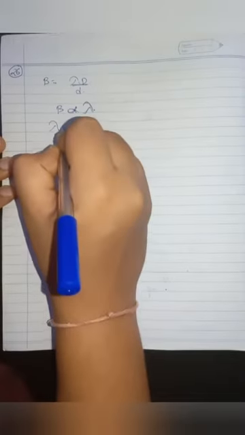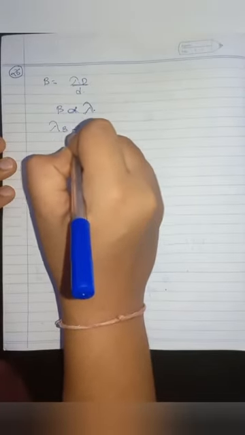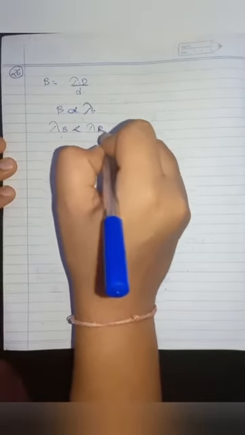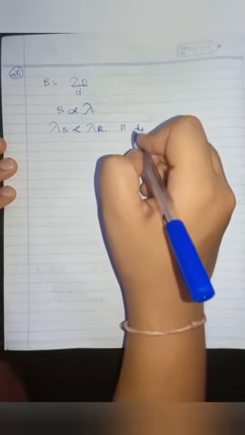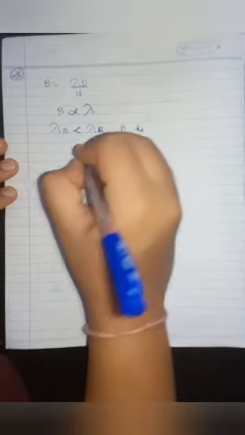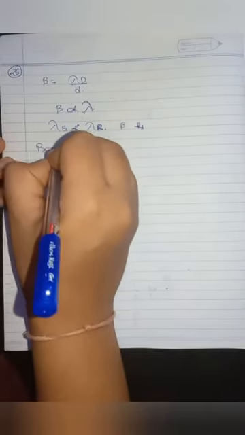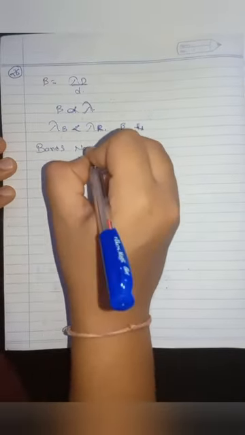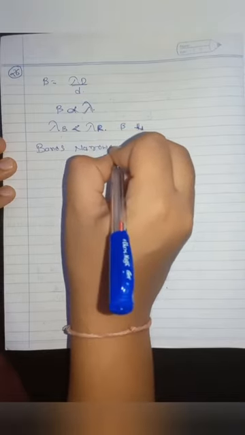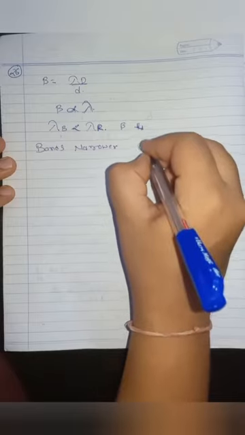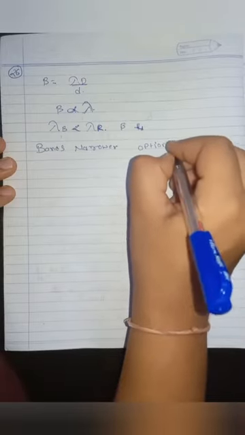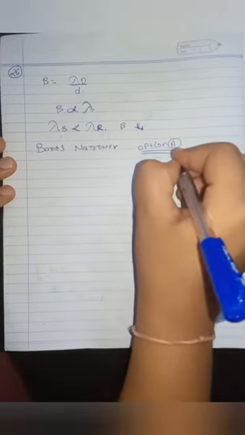As lambda of blue is less than lambda of red, the fringe width will decrease. So the bands will be narrower and crowded together. So option A is the correct option.